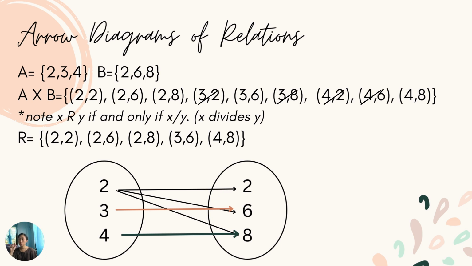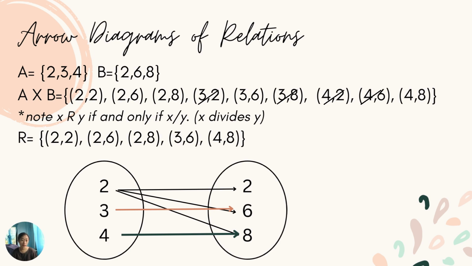Kumbaga pag nilagay mo siya 1, 2, 3, 4, ay dapat babalik sa sarili niya. Kumbaga dito sa given na to, mula sa arrow diagram, itong 2 ay babalik din sa sarili. Kasi yun ang kanyang kapartner.